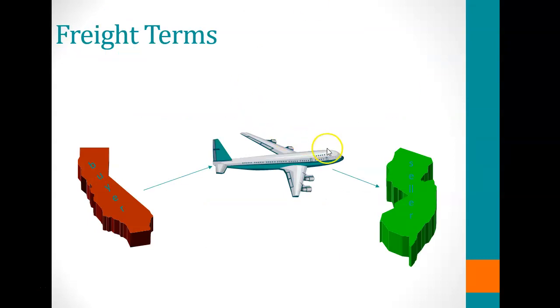Terms. Notice we have the nice airplane here, and we have the buyer who is in one location, the seller is in a separate location. So when you purchase items, whether you purchase online or at a retail outlet, there's what we call freight terms. You may see terms such as FOB shipping point. It's important to understand what these terms actually mean, what they represent.